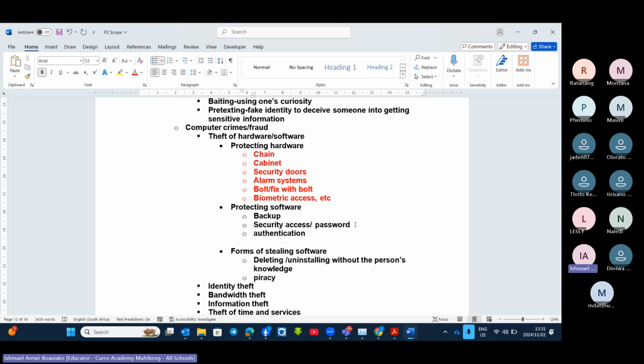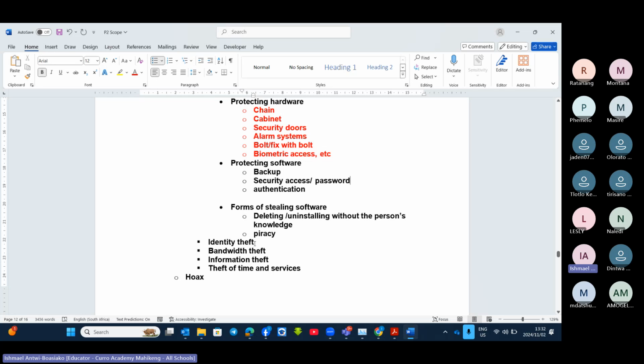Or you can also have a 2-factor authentication so that if someone tries to log into your system you'll get a notification like approve it or the one-time PIN so that you will not give access to such a person. So you must know at least 2 ways of protecting software from being stolen, and then 2 ways of protecting hardware from also being stolen.